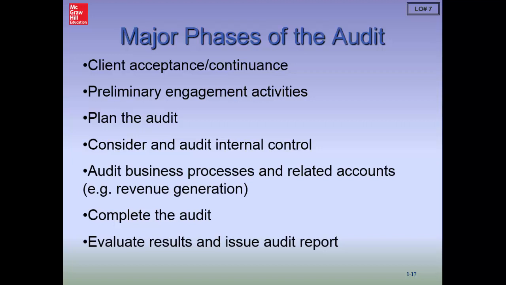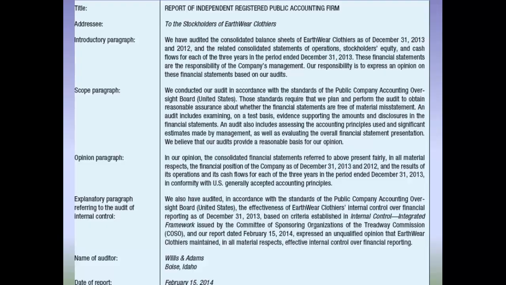You notice that we've already talked about this concept of management assertions. Now we're also going to overlay this from the perspective that we are breaking up the audit in regards to business processes. Business processes include things such as revenue, the purchasing cycle, and a couple of other cycles that we'll consider. We complete the audit, evaluate the results, and ultimately issue the audit report.